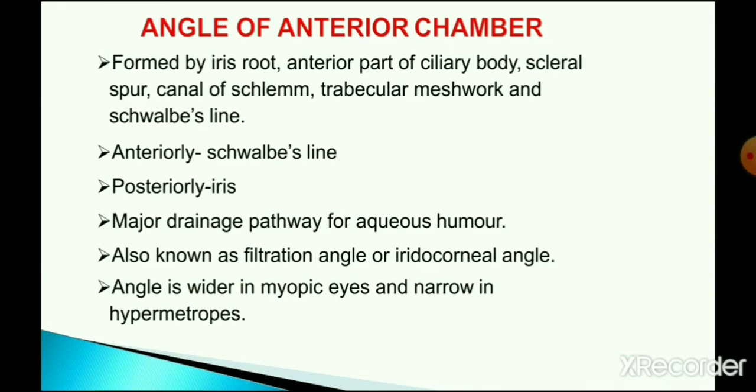The angle of the anterior chamber is formed by the iris root, anterior part of the ciliary body, scleral spur, canal of Schlemm, trabecular meshwork and Schwalbe's line. Anteriorly it is bounded by Schwalbe's line and posteriorly by the iris, and it is the main drainage pathway for the aqueous humor. It is also known as the filtration angle or iridocorneal angle. The angle is wider in myopic eyes and narrow in hypermetropic eyes.